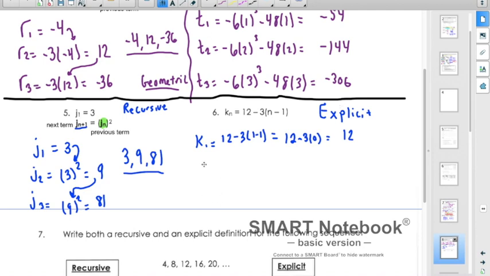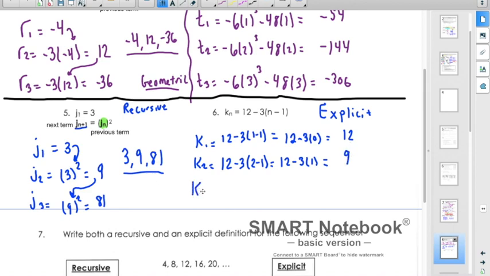All right, k sub 2, second term. Anywhere I see 2 for n, I'm going to plug in. So 12 minus 3 parentheses 2 minus 1. Again, order of operations, it'll be 12 minus 3 times 1, which is just 12 minus 3, which is 9.